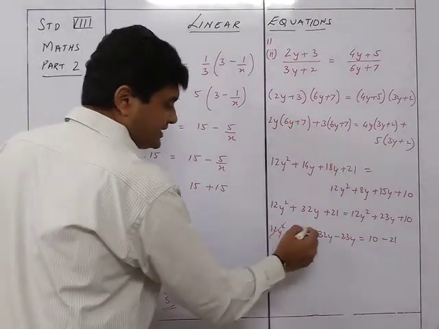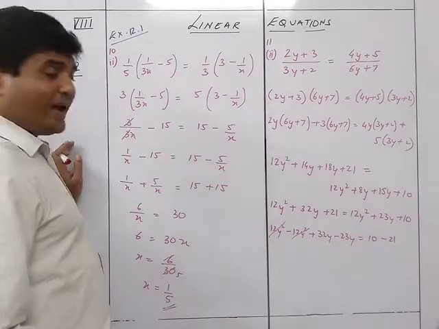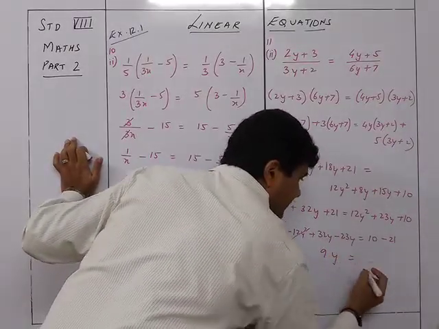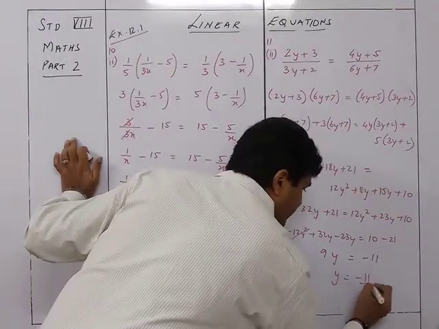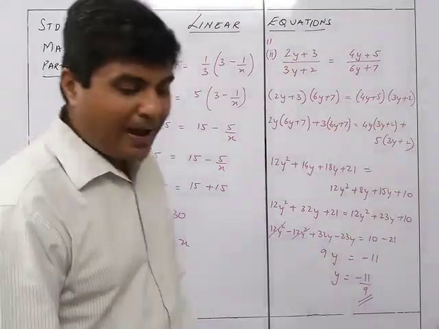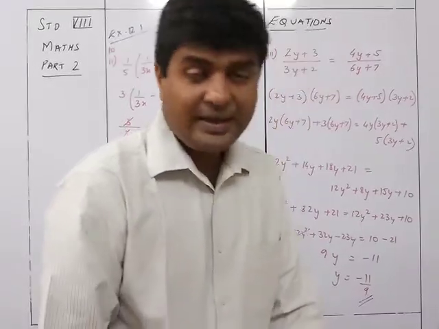Now this gets cancelled to 0. 32 minus 23 will be equal to 9y. So 9y is equal to, here it will be minus 11. So y is equal to minus 11 upon 9. So the answer to this question is minus 11 upon 9.